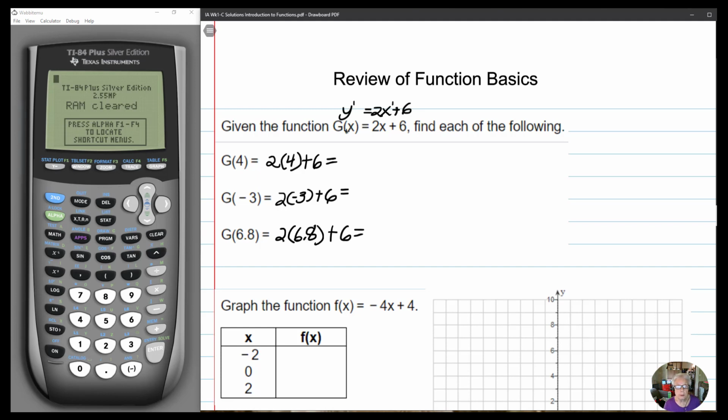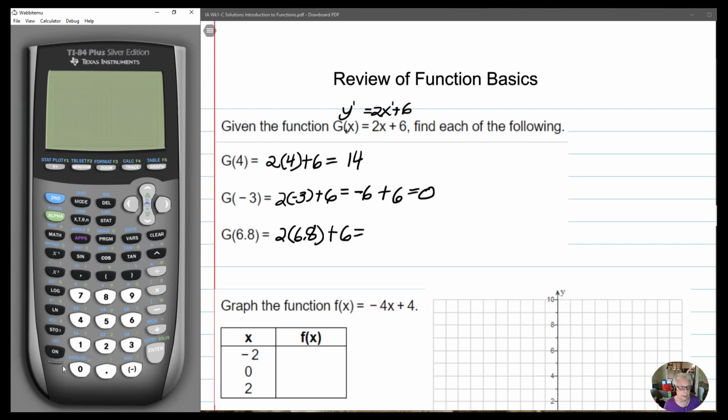All right, 2 times 4 is 8 plus 6 is 14. 2 times negative 3 is negative 6, plus 6 is 0. And I'm going to use the calculator to calculate this. 2 parentheses 6.8 parentheses closed plus 6.